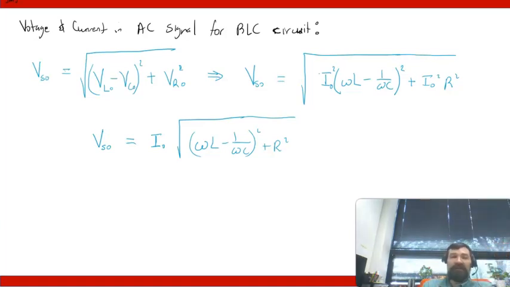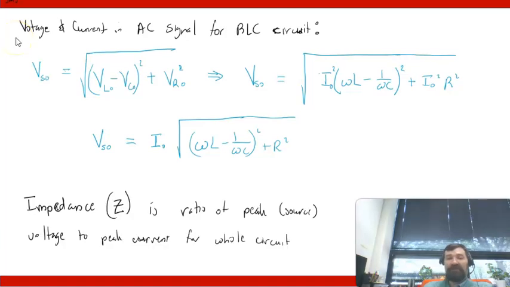So you could call it the source current if you'd like. We define here a new or semi-new term called impedance. And I've already mentioned impedance in my previous videos a few times. Impedance is to the circuit as a whole, or for that matter to the source, what reactance was to each individual element.